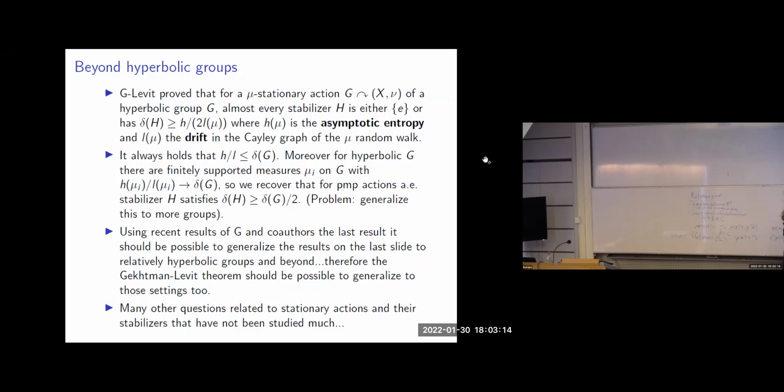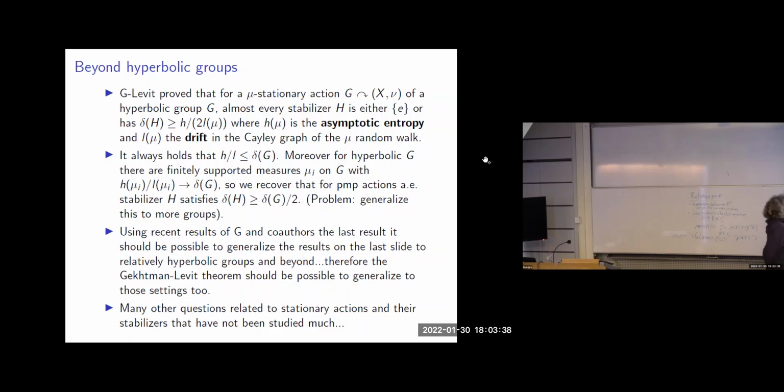But these techniques are very soft and possible to generalize beyond hyperbolic groups. So things like relatively hyperbolic groups, also groups acting on CAT(0) cube complexes, mapping class groups.